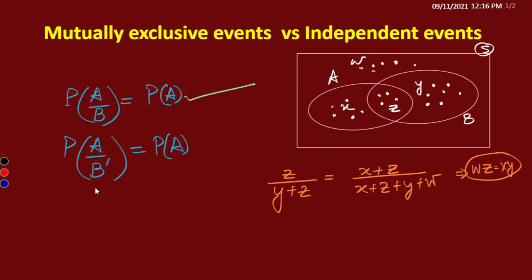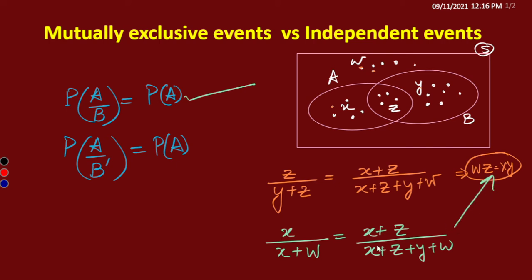So what is the probability of occurrence of A given that B has not occurred? If B has not occurred, it is not coming through the elements counted as Y and Z. So the probability of occurrence of A when B has not occurred would be X upon X plus W, and this should be equal to X plus Z upon X plus Z plus Y plus W, which you simplify.